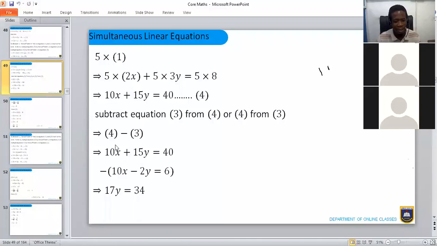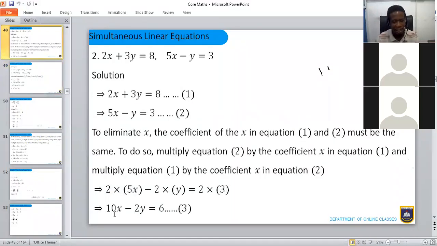Since the coefficients are the same, we check the signs. The signs are also the same, positive, positive. So what do we do? Subtract. We subtract, good.